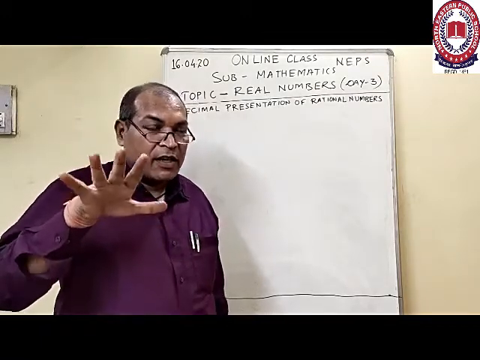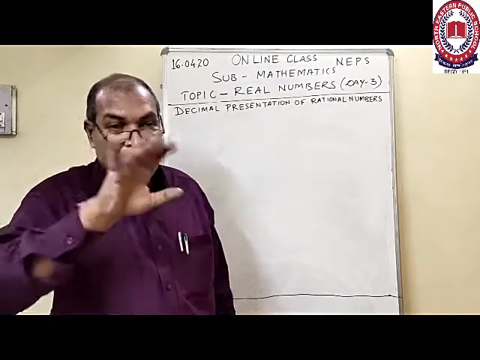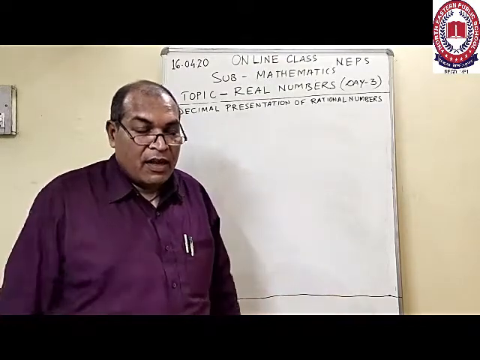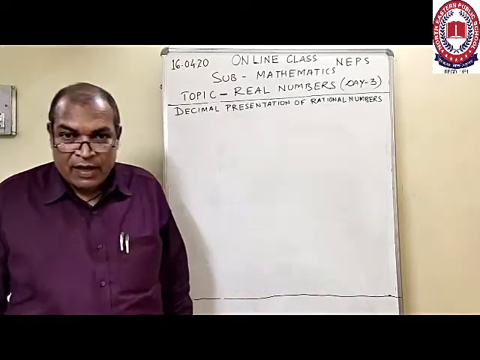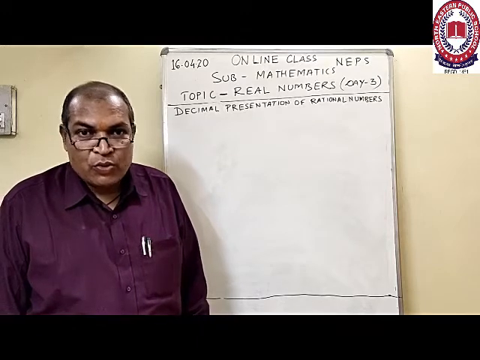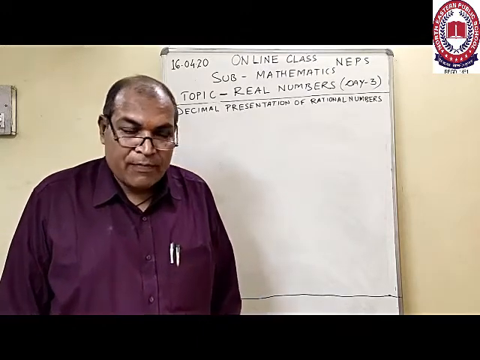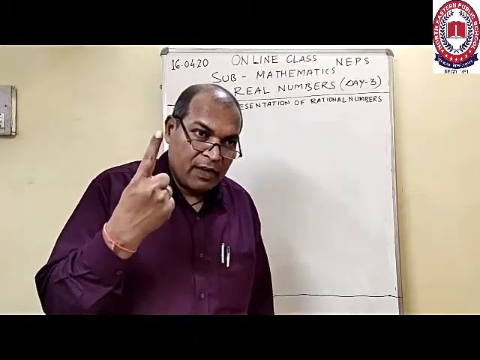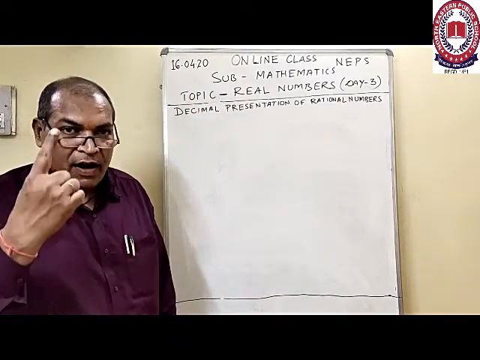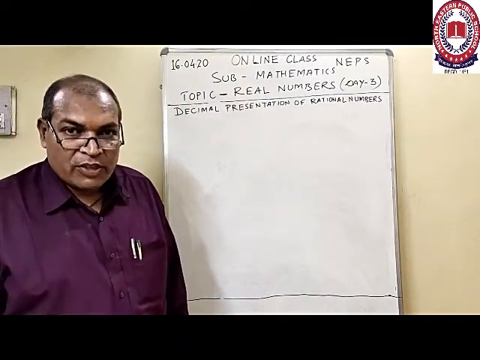When I was telling the prime factorization of a composite number, I said to express the prime factorization in the form of exponents, because this method helps us in finding the LCM and HCF of two positive integers.